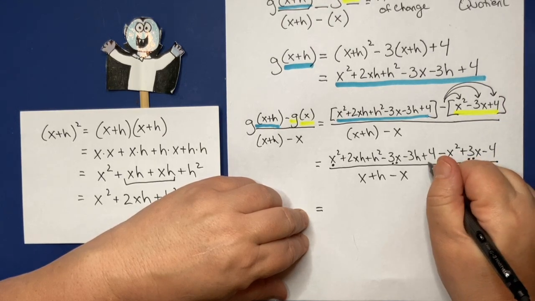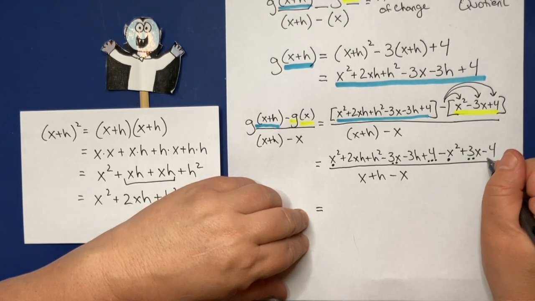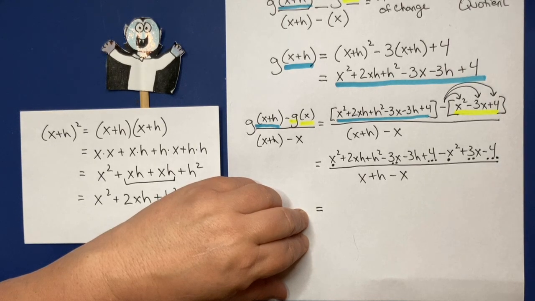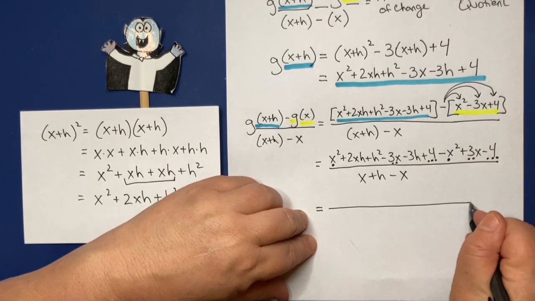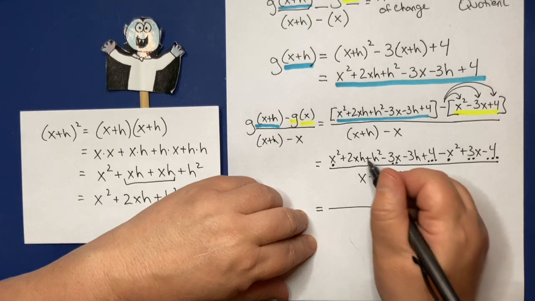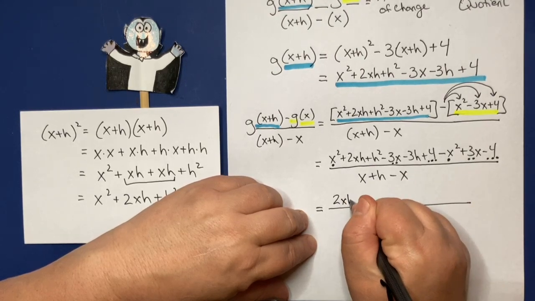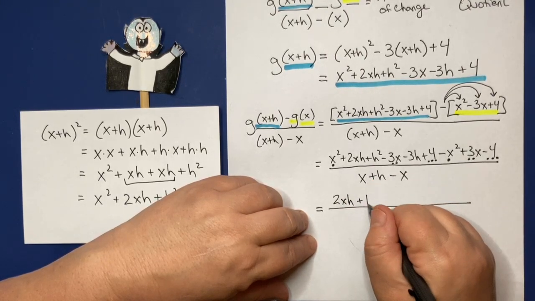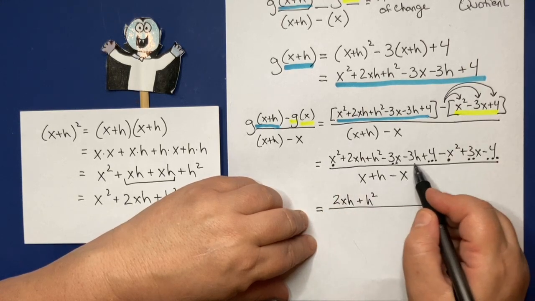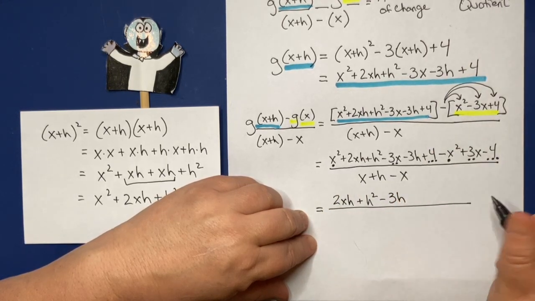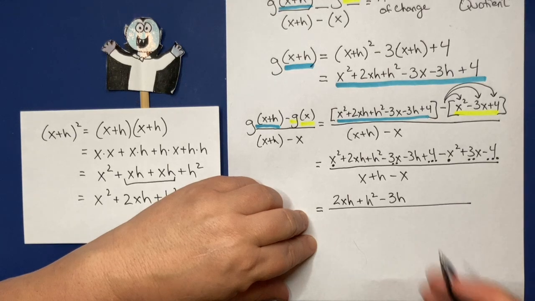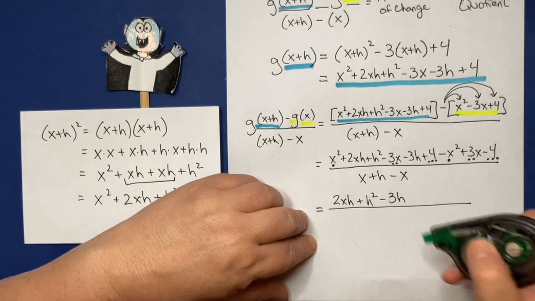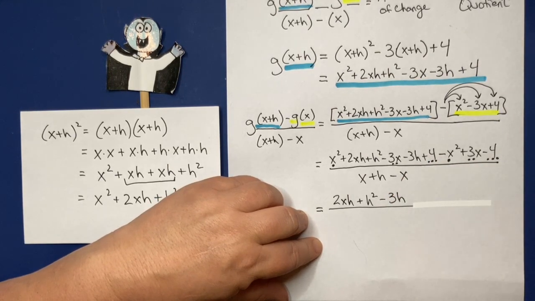And then I've got a plus 4 and a minus 4, and they cancel. So up top, I'm left just with the h terms. So I've got 2xh plus h squared, minus 3h. And that's it. In fact, I gave myself way more room than I needed.